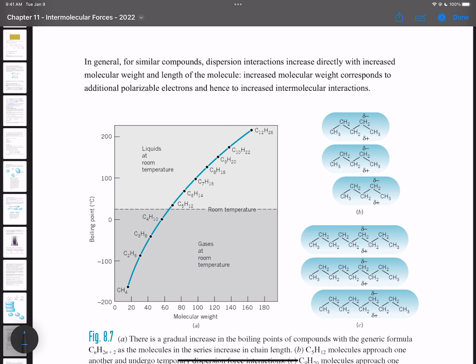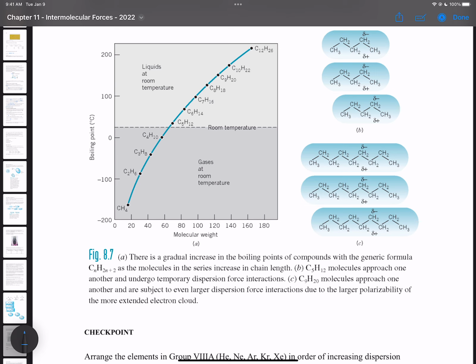And this is because the electron cloud around these molecules naturally gets bigger, and so there are more electrons present. And that causes these dispersion forces to increase, because there are more electrons. So now you have more electrons, you can form dipoles that are stronger.